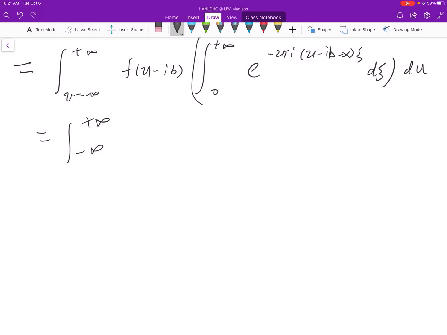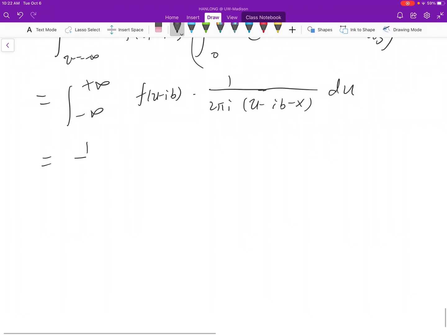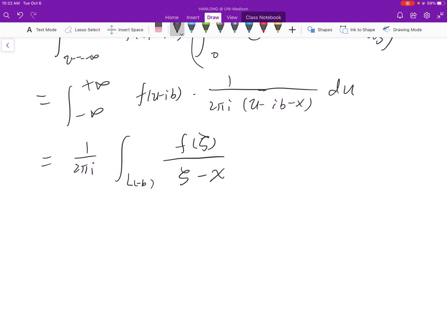We know this is f(u minus ib) times 1 over 2 pi i (u minus ib minus x) du. And this is exactly 1 over 2 pi i times the integral along L negative b of f(z) over (z minus x).